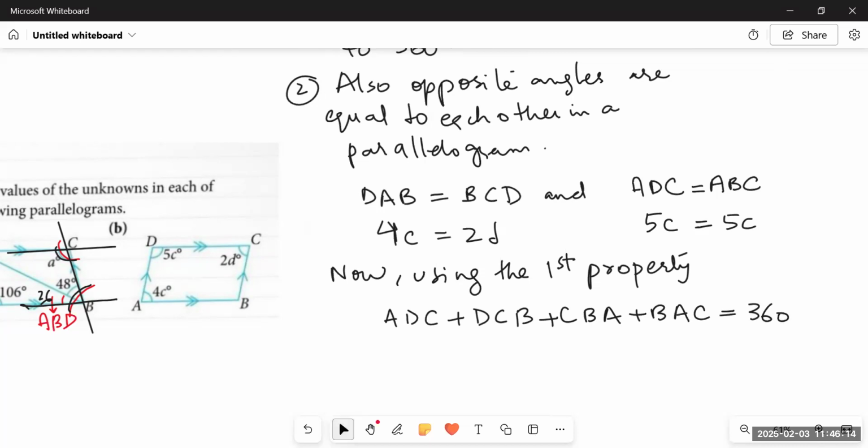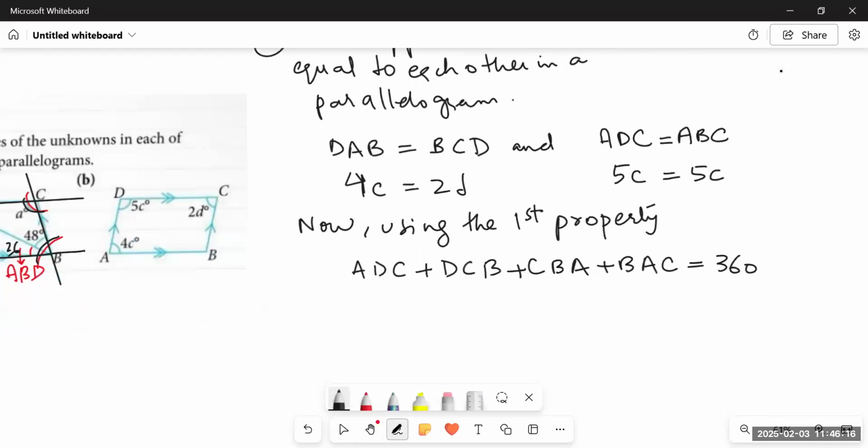You see? Now, ADC is 5C plus DCB is 2D plus CBA is also 5C because we know these two opposite angles are equal to each other.